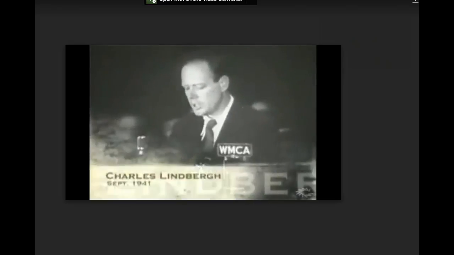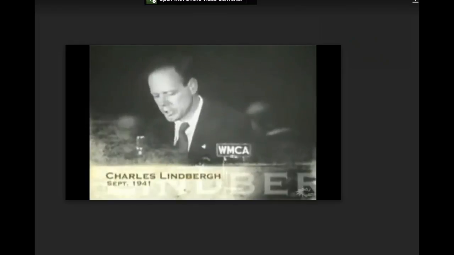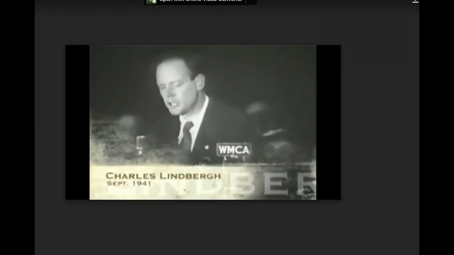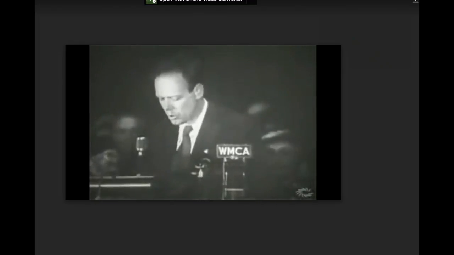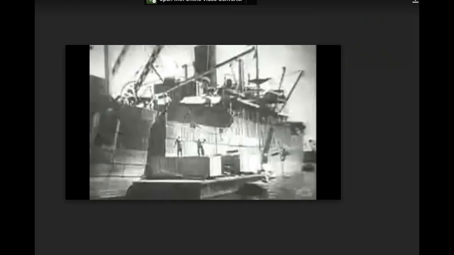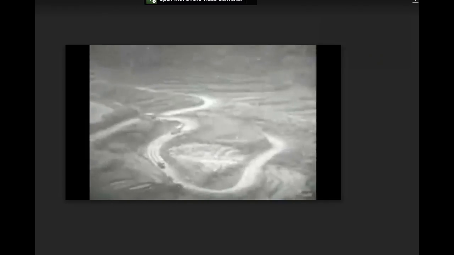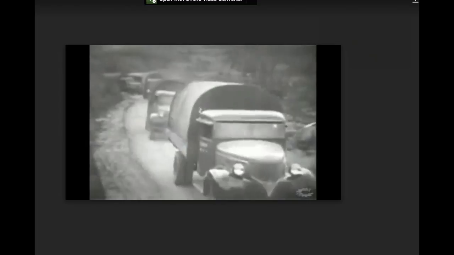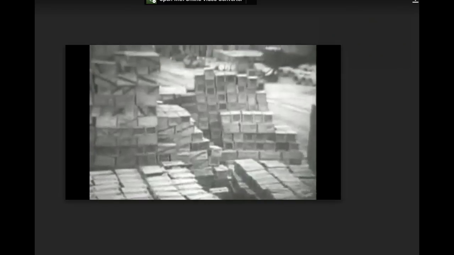We cannot allow the natural passions and prejudices of other peoples to lead our country to destruction. Despite opposition from Lindbergh and others, the Lend-Lease Act was funded with $7 billion. By the time World War II was over, the bill would total $50 billion.